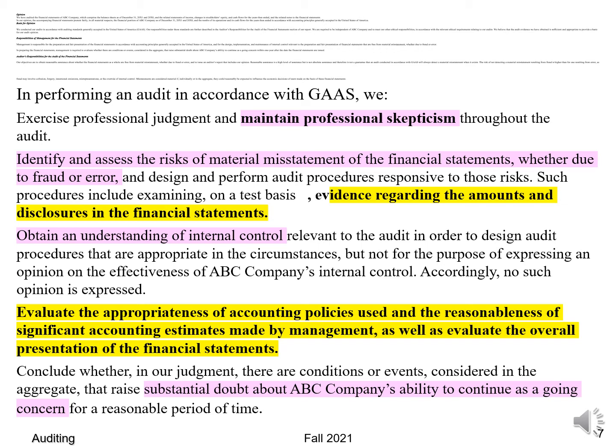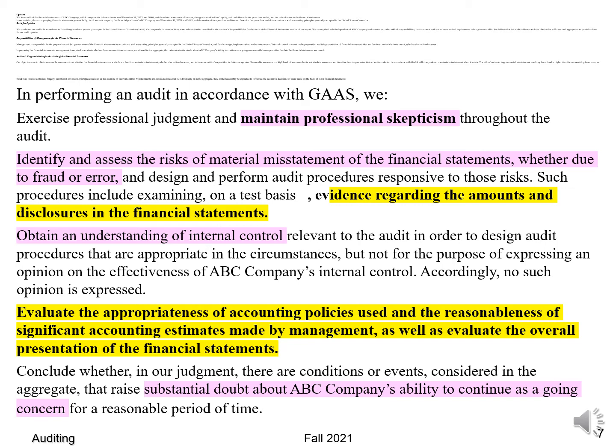It seems to me that we say we audit 5 things. Examining such procedures include examining on a test basis evidence regarding the amounts in the financial statements and the disclosures in the financial statements. I count that as 2. You might count it as 1. Then the next yellow, evaluate the appropriateness of the accounting policies used and the reasonableness of the significant estimates made by management, as well as evaluating the overall presentation.